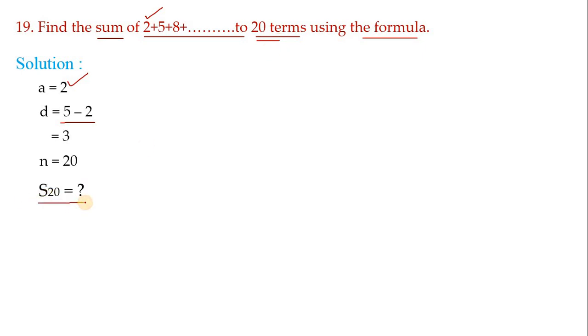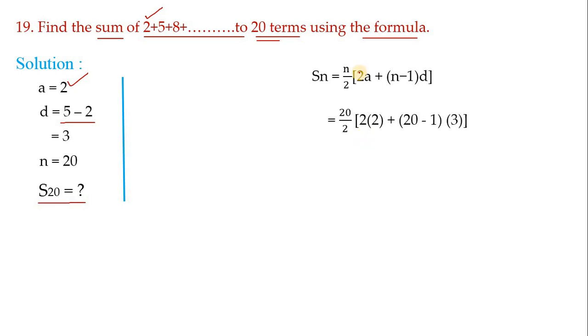S20 equals question mark. Write the suitable formula, that is Sn equals n by 2 into 2a plus n minus 1 into d. Substitute values. n value is 20, a value is 2, n value is 20, d value is 3.